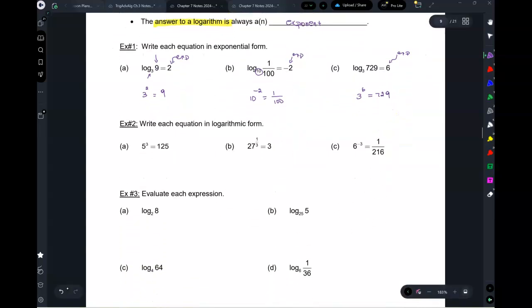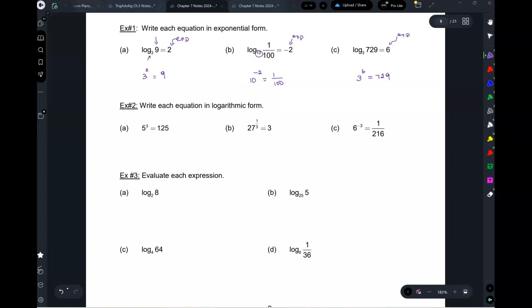Now, let's write these in logarithmic form. Remember, this is the base. This is the exponent. What is the answer to a logarithm? An exponent. So the way I'm going to write this is: log base 5 of 125 is equal to the exponent.